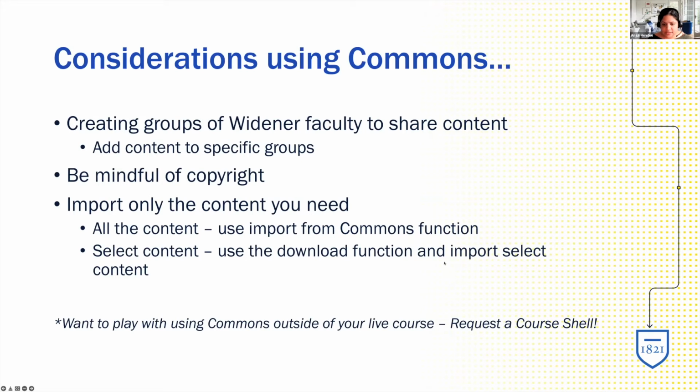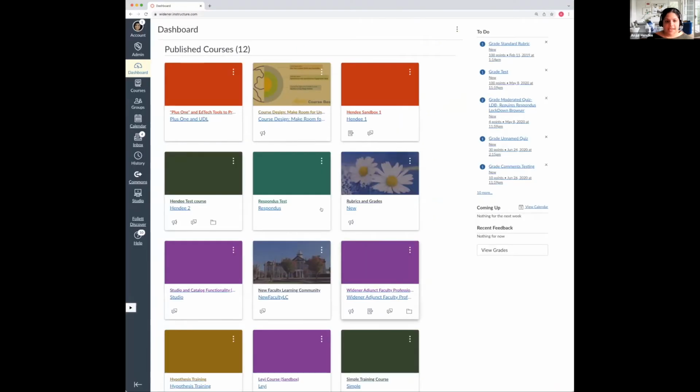All right, so I'm going to go ahead and share my Canvas dashboard. When I'm in my Canvas course, if I look on the left-hand side navigation, I see the Canvas Commons, which if you look at the icon is very similar to the icon for Creative Commons.